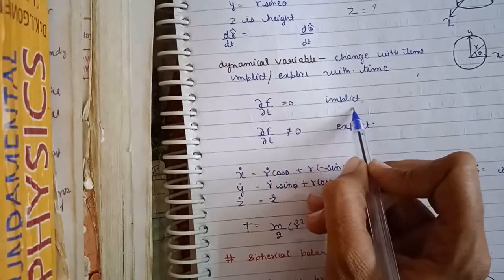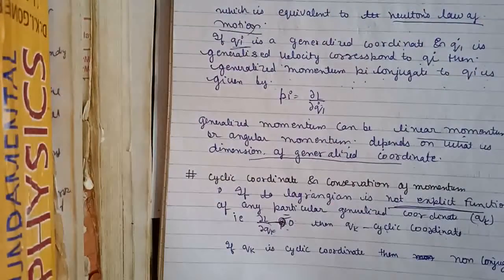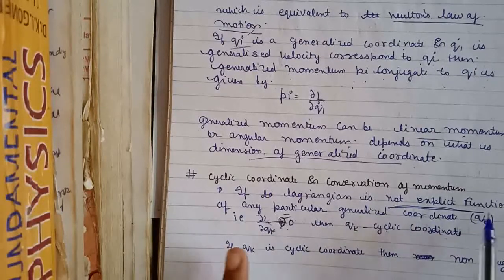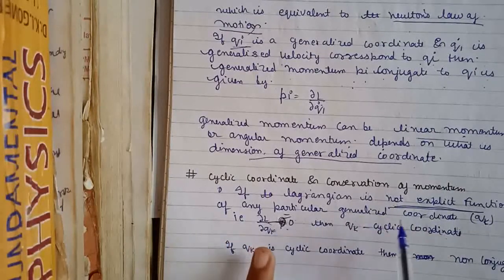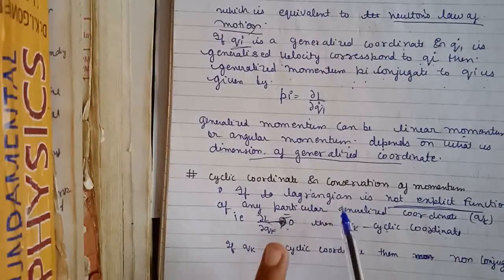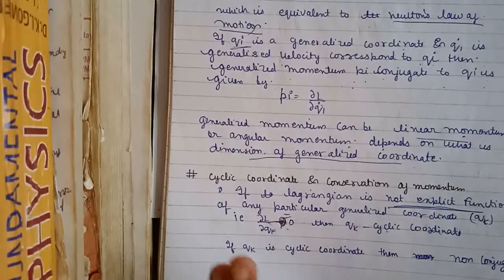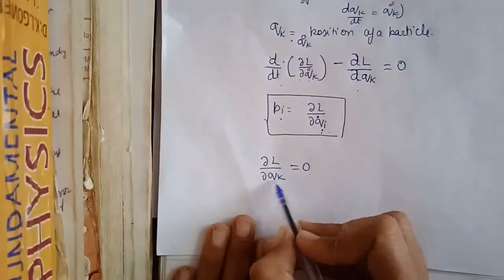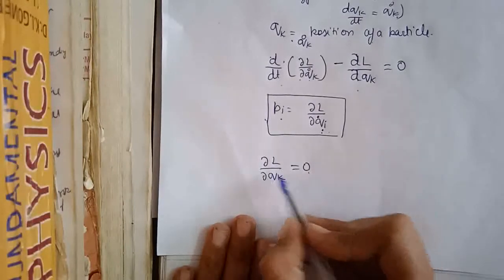So here, if the Lagrangian is not an explicit function of a particular generalized coordinate, that means del L by del qk is equal to 0.